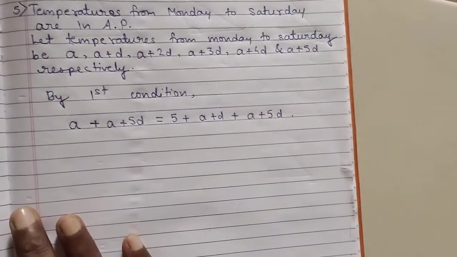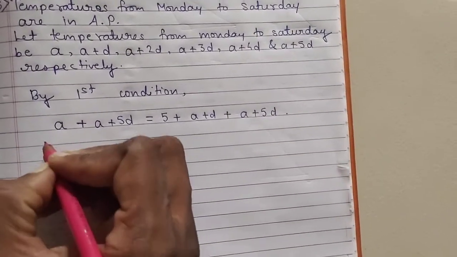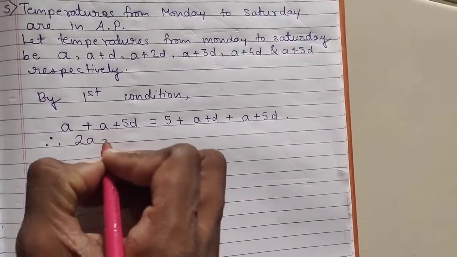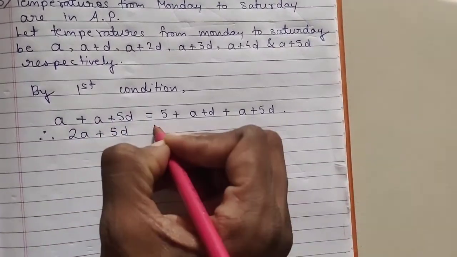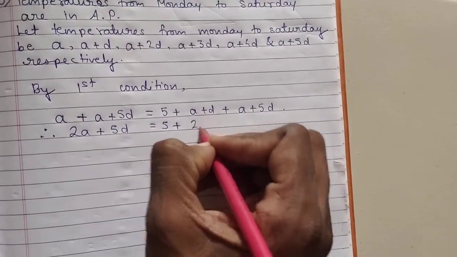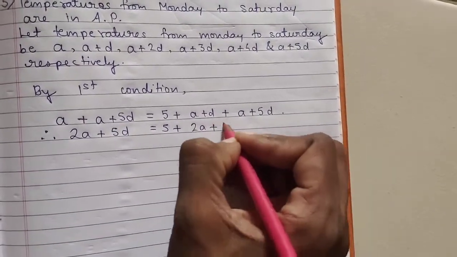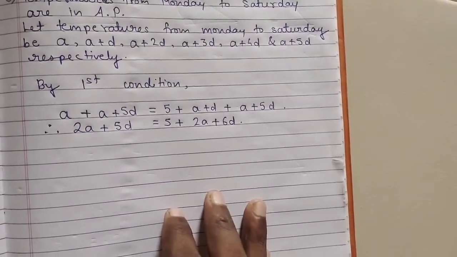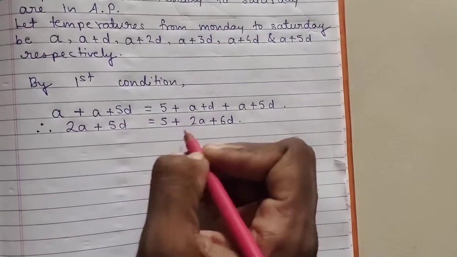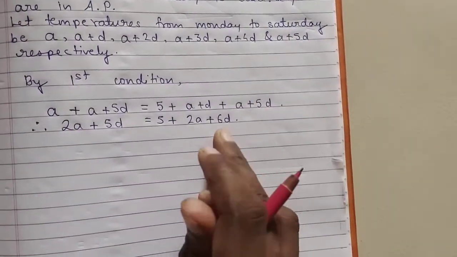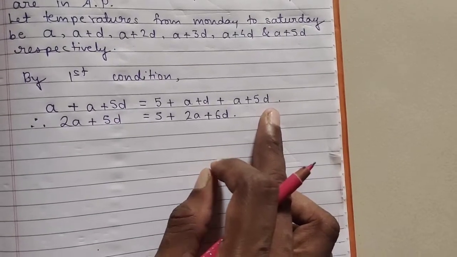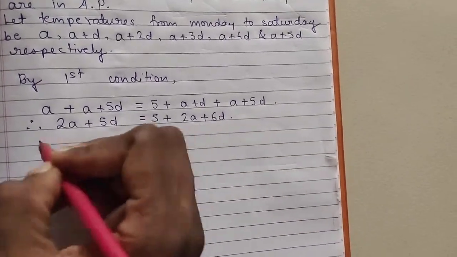Now let us simplify this and see what we are getting here. See, A plus A becomes 2A. So 2A plus 5D is equal to 5 plus 2A, and D plus 5D becomes 6D. Okay. Now 2A gets cancelled, or you can transfer it and then cancel, and 6D, 5D. So take this 5D to the right hand side and 5 to this side.